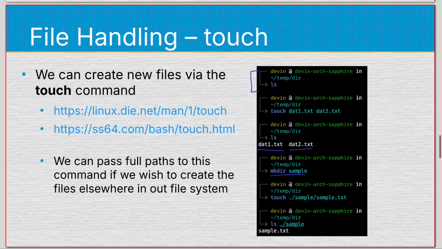After that, I make a new directory where I currently am called sample, and I do touch ./sample/sample.txt, which makes a new text file in the directory I just made right here. So if I run ls on the directory I just made, you'll see that I made one in a directory different than where I currently am. Because it's the same process. As long as you know the path, you can essentially create a file right over there, no big deal.